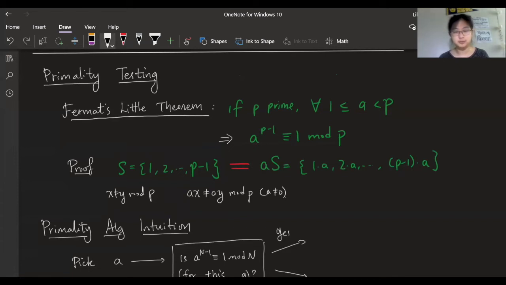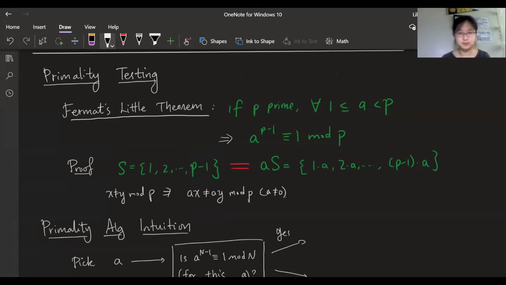This follows from the fact that P is prime, so every number other than 0 has a multiplicative inverse. So I can just take the multiplicative inverse of A and multiply on both sides.